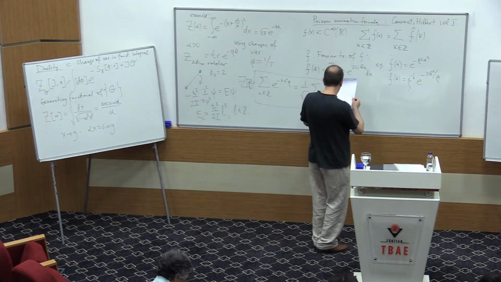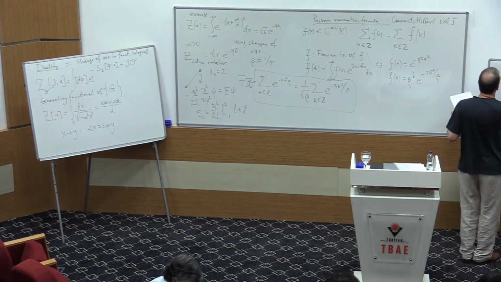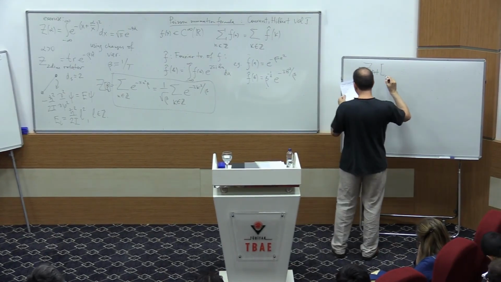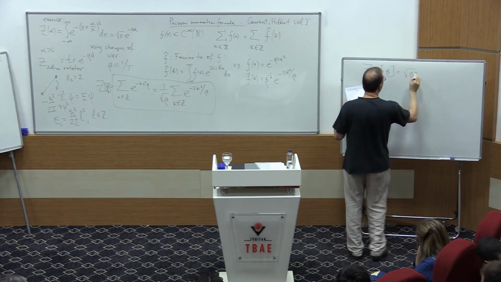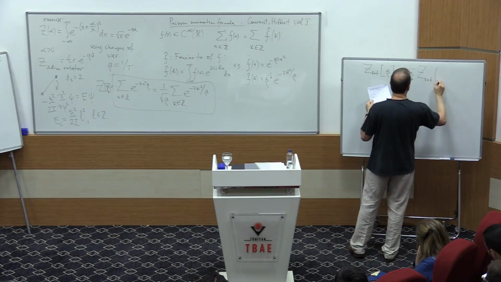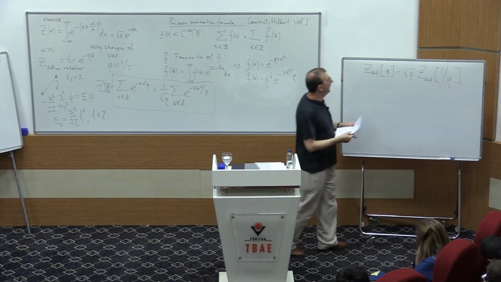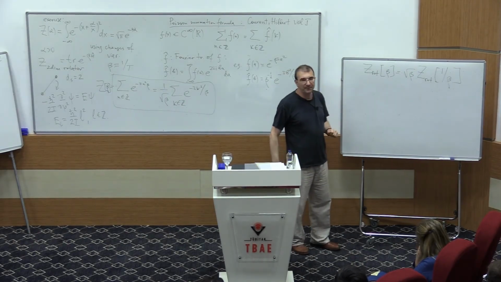So this means that there is a relationship for the partition function of the rotator. So Z of beta can be rewritten as square root of beta times Z, the same type of partition function, but now of 1 over beta. And this is maybe the simplest quantum mechanical example of a duality transformation.